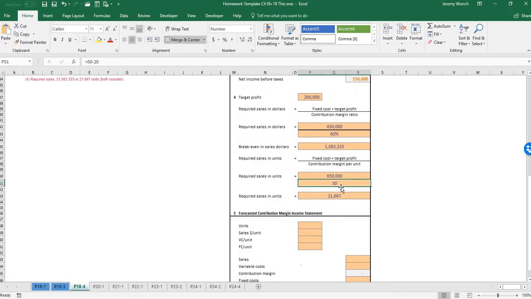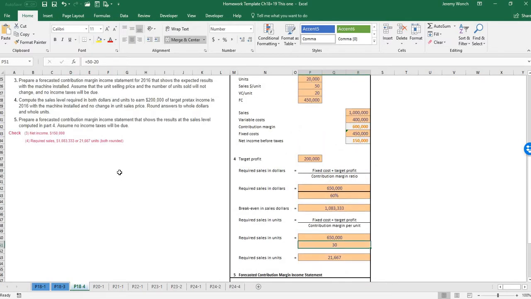All right, and the last part, number 5. It says prepare a forecasted contribution margin income statement that shows the results at the sales level computed in part 4. Assume no taxes will be due.